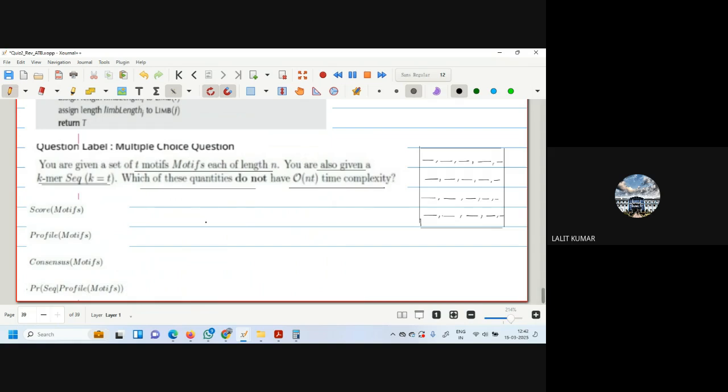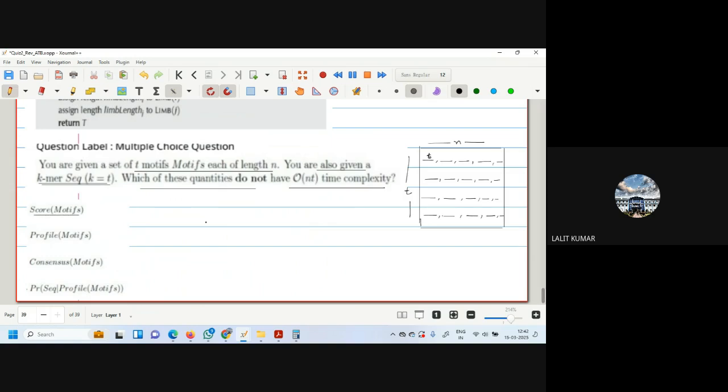So this is n and this is T. You are also given a K-mer sequence, K is equal to T. Which of these quantities do not have O of nT time complexity?